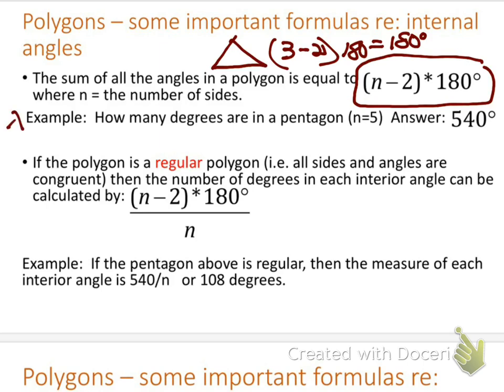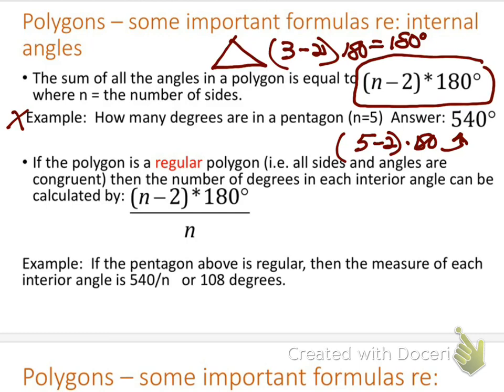I then give you another example with a pentagon, and a pentagon is a 5-sided figure. If you plug in 5 minus 2 for the pentagon times 180, you should get 540 for the total number of degrees inside a pentagon.